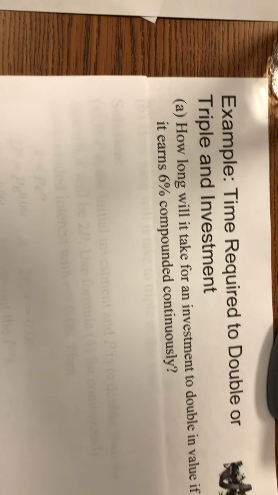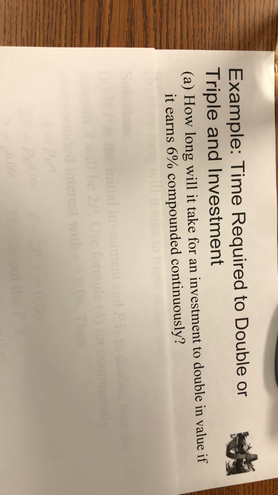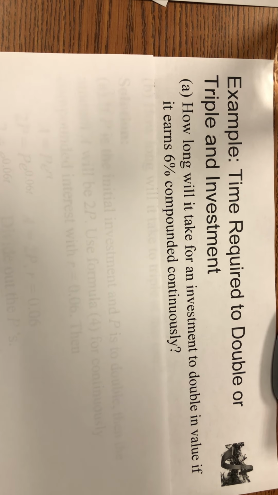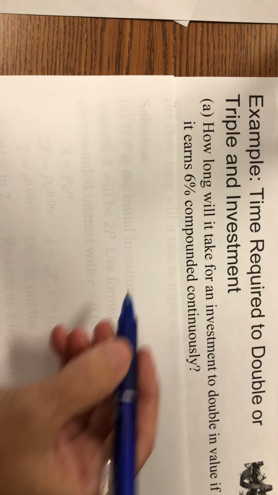Now we're going to do pretty much the same thing on this next one. Okay, it says, how long will it take for an investment to double if it earns 6% compounded continuously?